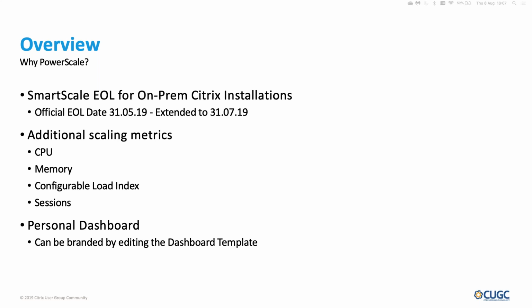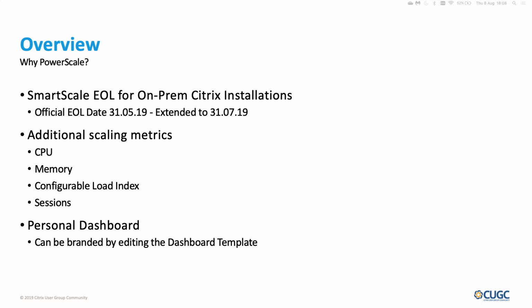So I decided to put something together and started coding up a script. That script later got quite complicated with a few more features, and I added things like scaling metrics. With SmartScale, you could only scale with certain metrics, and your load index had to be 1,000, I think, or 10,000 for it to scale. Sorry.